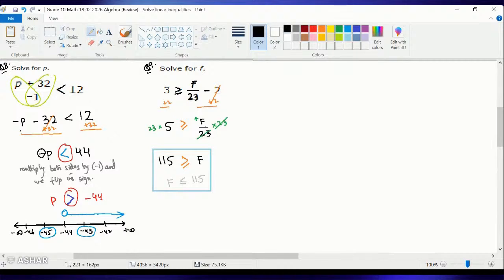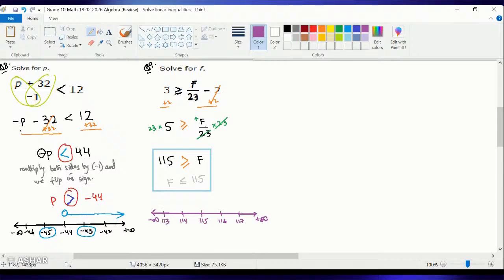So let's draw it on a number line. If we had the number line here, we have negative infinity, positive infinity, and the number 115. When we go towards the right side, we increase the numbers. Agreed? When we go to the left side, we decrease the numbers.